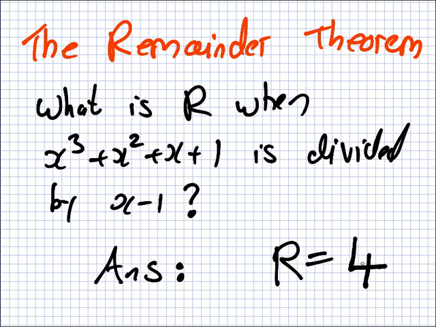So after the long division, you'll discover at the end that the remainder was 4.